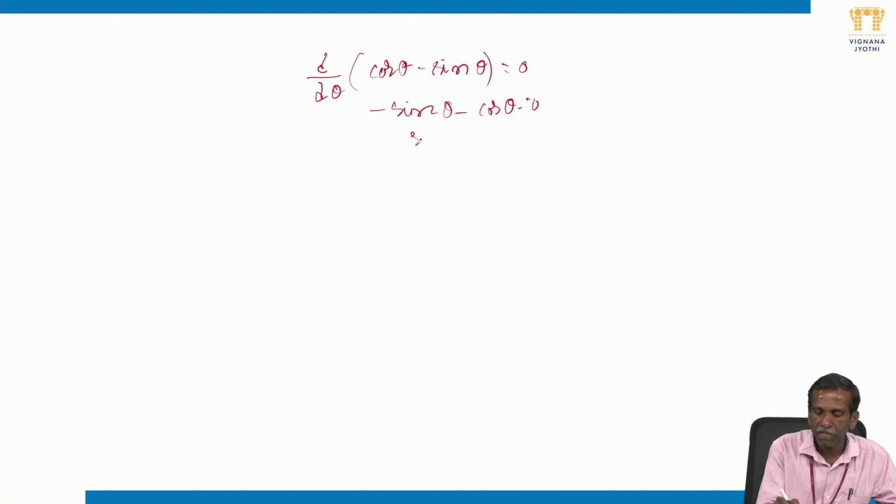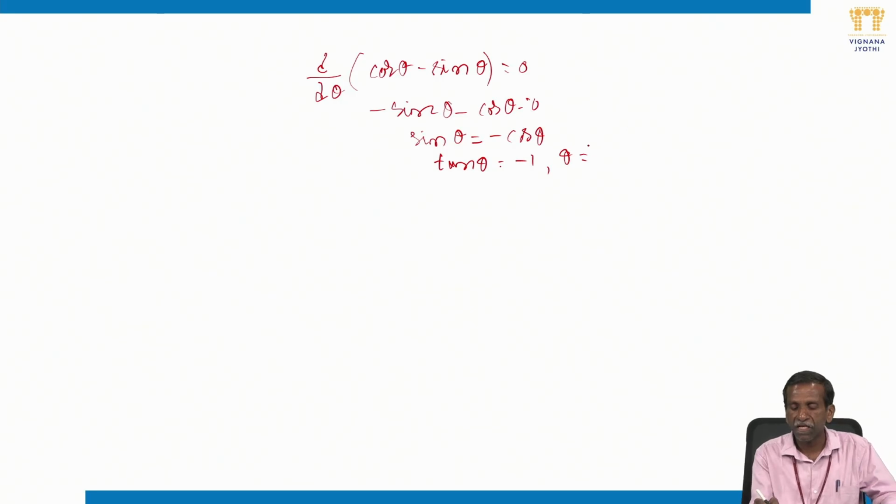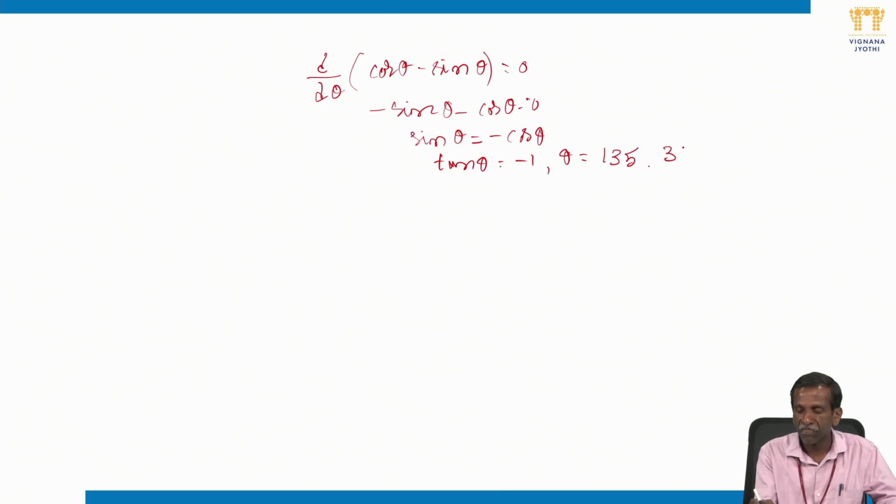Then we have sin theta equal to minus cos theta, so tan theta equals minus 1. So what is the theta value? We have two values. Tan theta equal to minus 1 means second quadrant and fourth quadrant. Second quadrant gives theta as 135, or plus 180, 315. These are the two values.